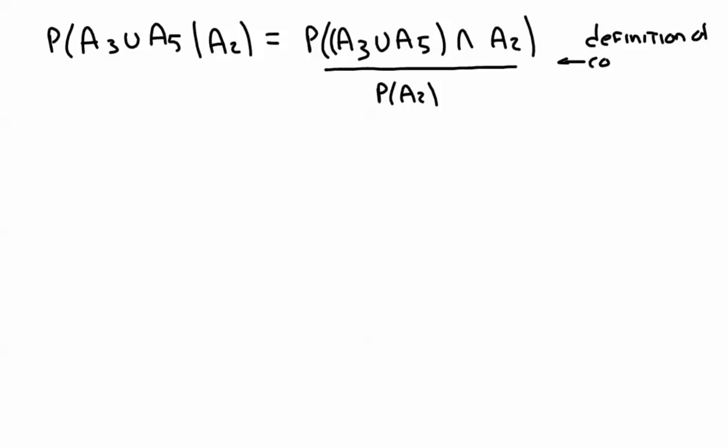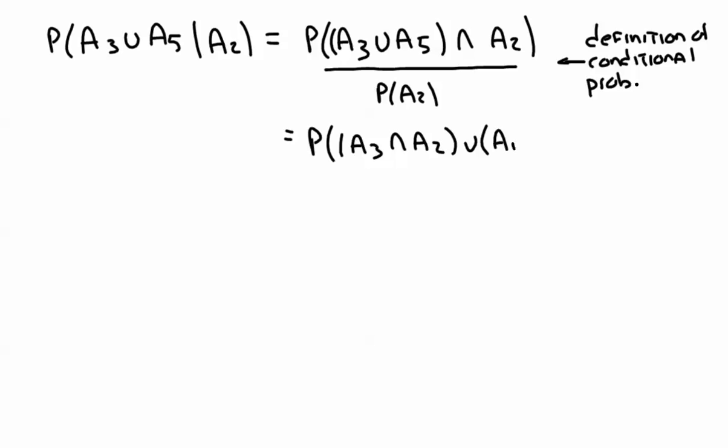That's from the definition of conditional probability. Expand this out a bit. I want to get the probability of A3 intersect A2, union A5 intersect A2, divided by probability of A2. To get to this step, I applied the distributive property.